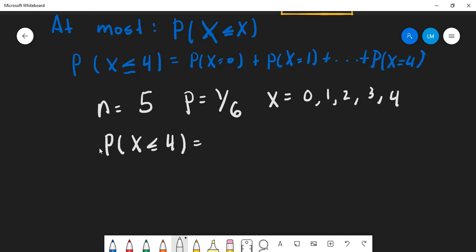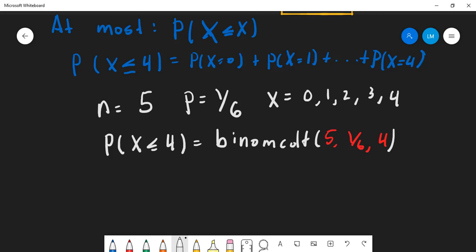So we're going to use the Binomial Cdf function, which is going to be 5, 1/6, and we're just going to put 4. That's going to actually shorten the computation because we don't have to find each of those individually, since that would take too long.